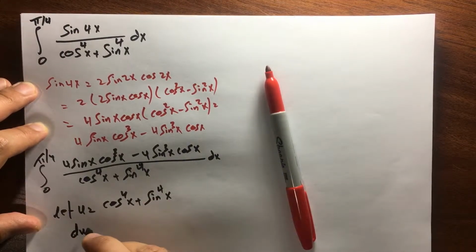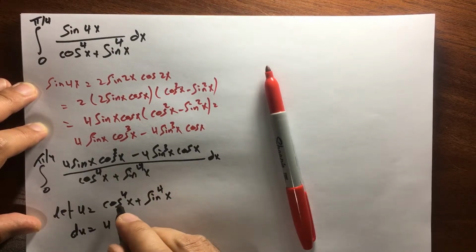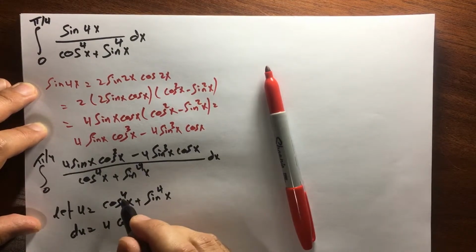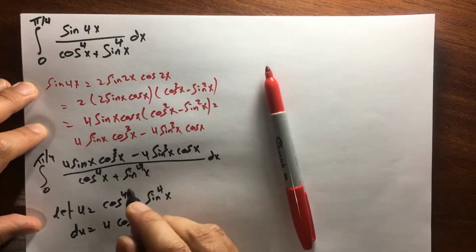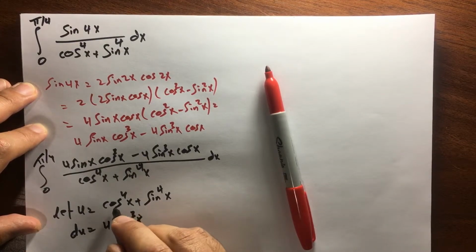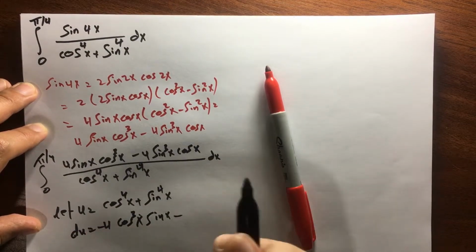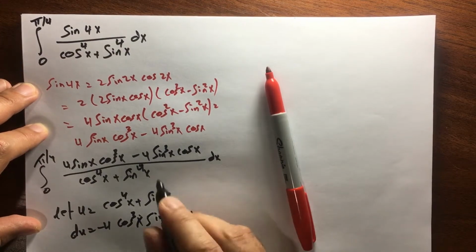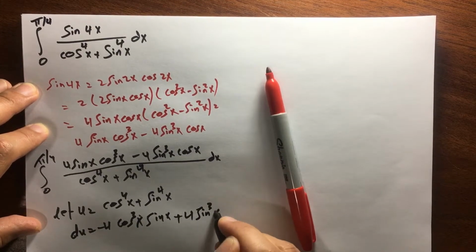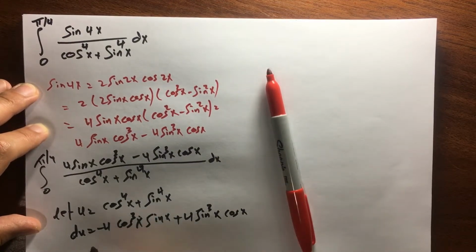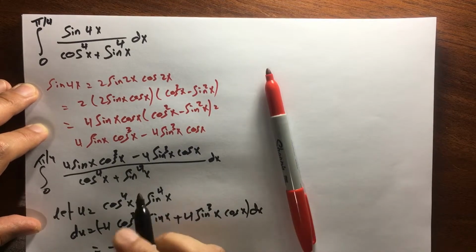Then we have du equals 4 times cosine cubed x, times, according to the chain rule, the differentiation of cosine x, which is negative sine x, plus 4 sine cubed x times the differentiation of sine x, which is cosine x, all times dx.